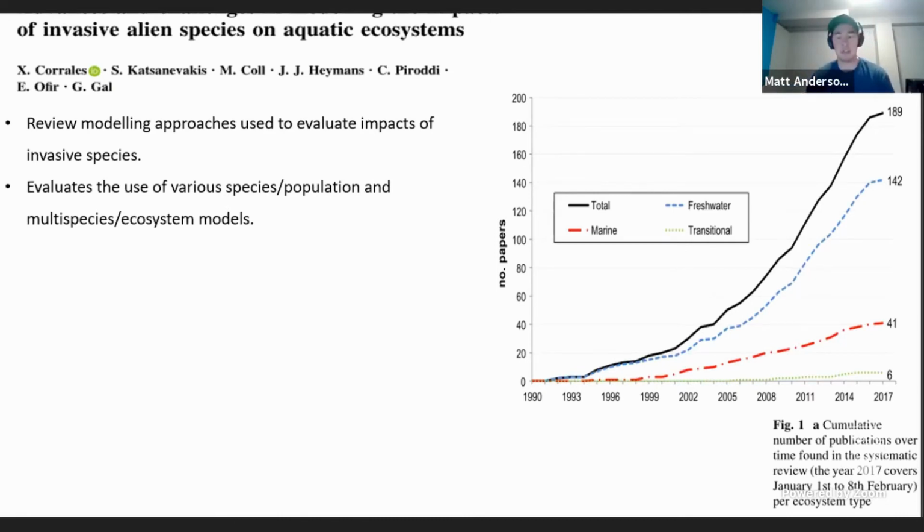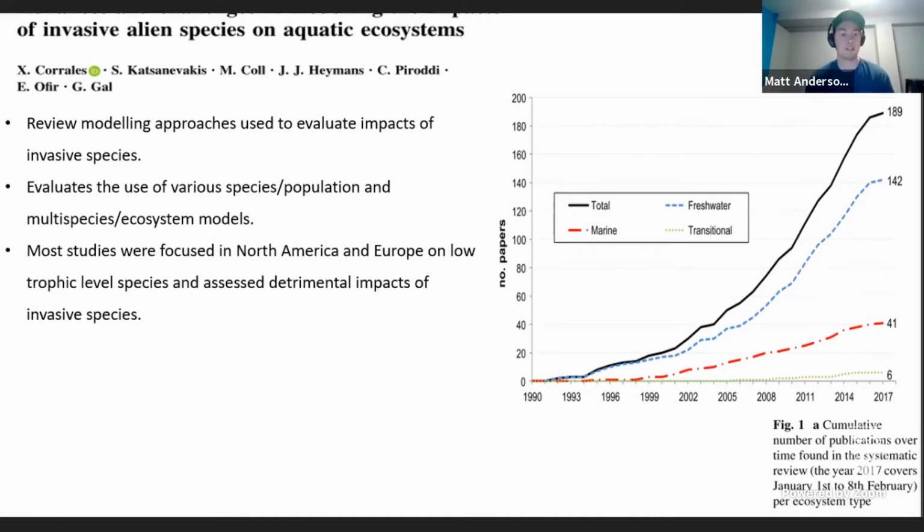I thought the paper did an excellent job at evaluating the use of different types of models, species and population level models, and also multiple species and ecosystem level models, and explaining how they can be used to answer different types of questions. They listed a bunch of different models in a table, and did a great job, I think, at explaining the different uses of these different level models.